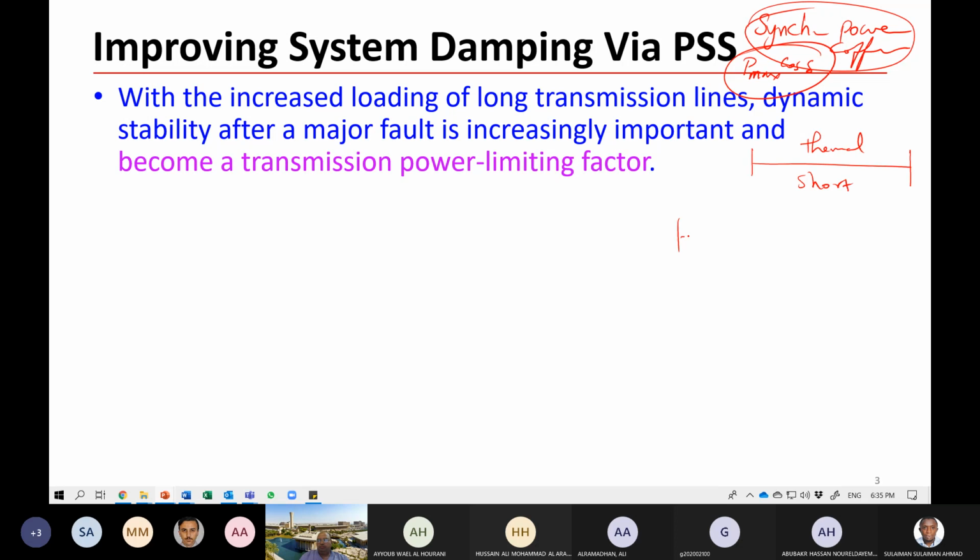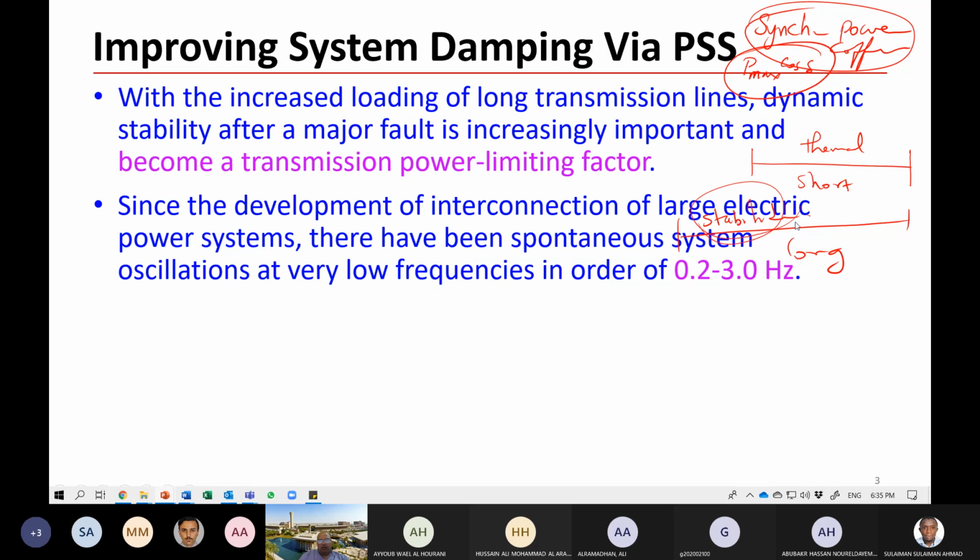If this is long, then the dynamic stability of the system is the limitation of the power transfer.